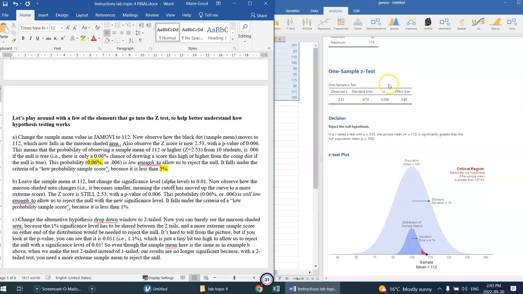So again, you could just look at the p-value, note that it is less than 0.05, or you could, in this case, just look at what Jamovi tells you is the conclusion. When we have a sample mean that is 112 in this situation, that is significantly greater than the null population mean. And you can also see it, the dot falls in the critical region.